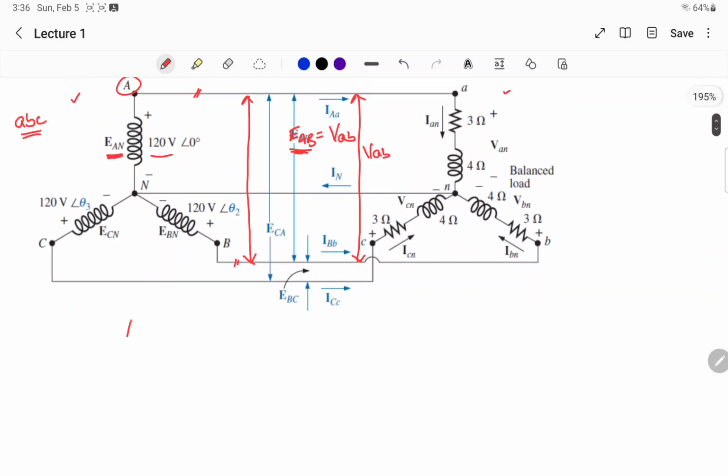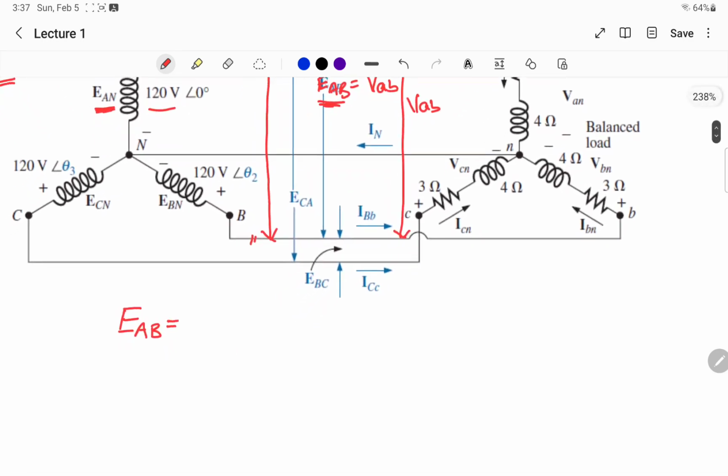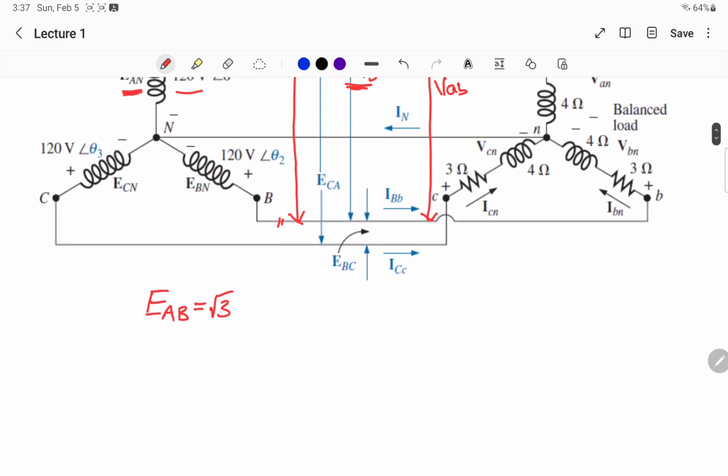We know the formula for a Y connection load. We know that the line voltage EAB is not equal to EAN. First of all, we know this thing. These two voltages are different. So the relationship that exists between them is root 3 EAN, and then we will add angle 30.